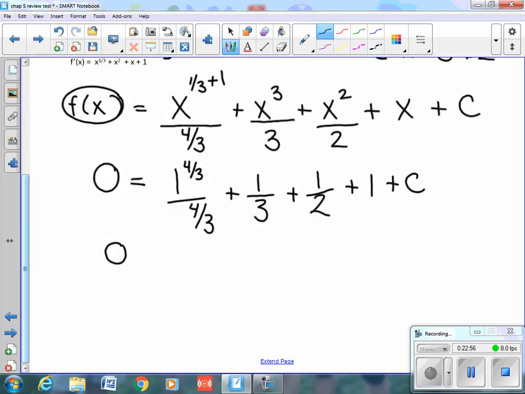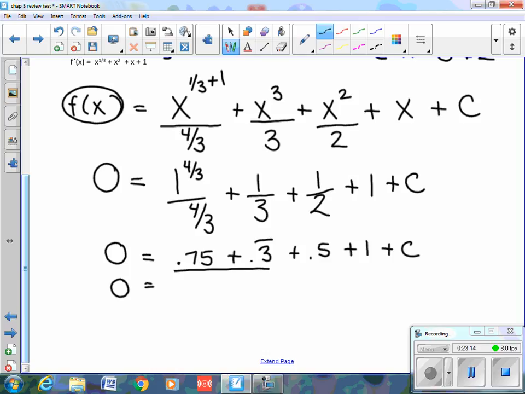So you're going to get 0 equals 1 to the 4/3. If you plug that into your calculator is 1. 1 divided by 4/3 is 0.75. Plus 1/3 is 0.3 repeating. 1/2 is 0.5 plus 1. If you add all 4 of these up, I think you get 2.583 plus c.